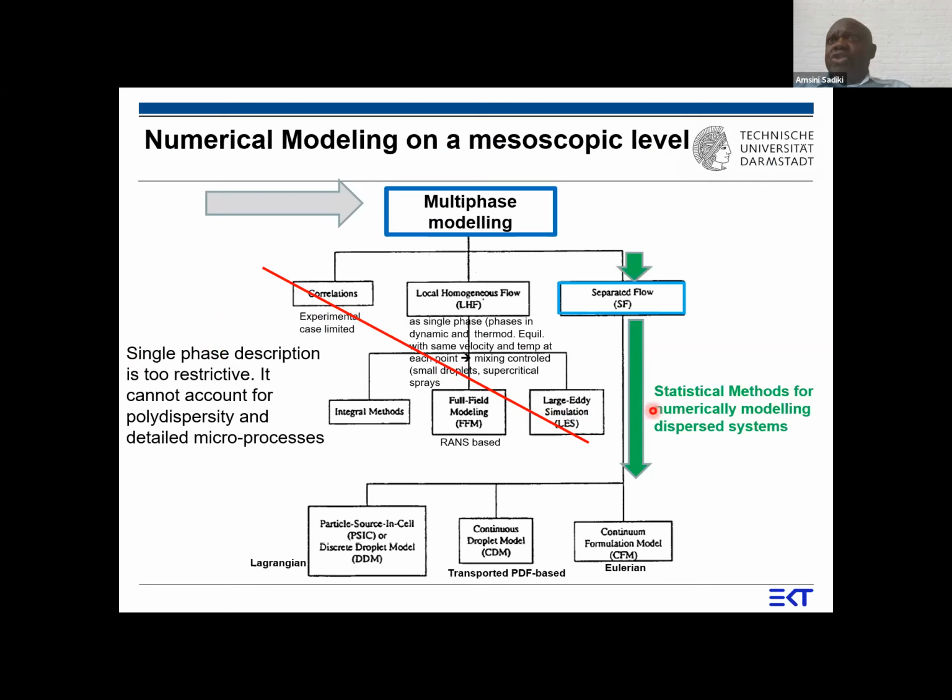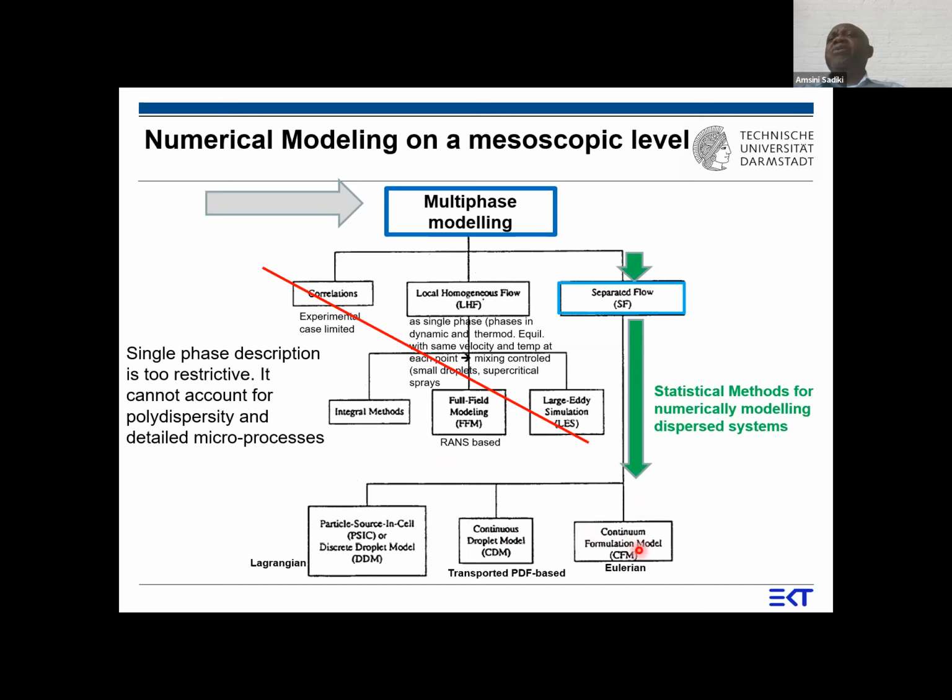Otherwise, we have to solve this, and there are two ways to solve it. I will not go into detail; I will show you after that, when I introduce the Eulerian description in detail. But we can solve this in two ways: the Eulerian approach and the Lagrangian approach, in which we can follow the trajectory of the particle.